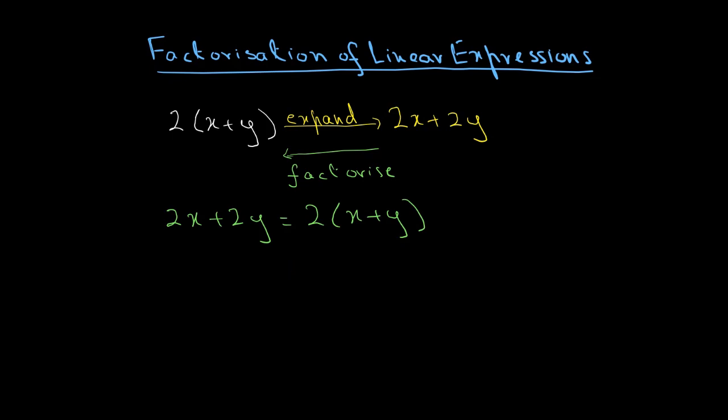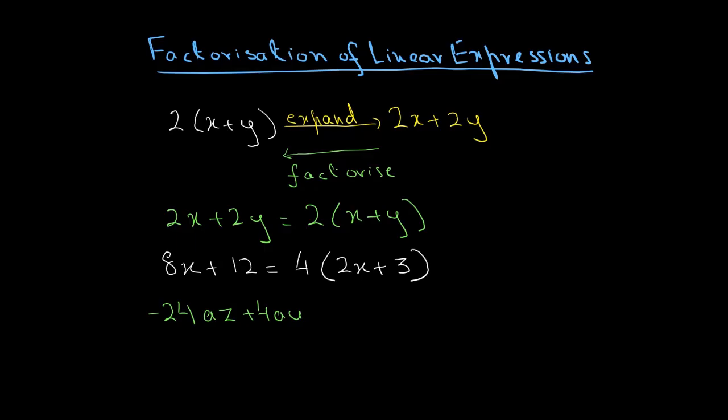So now let's think about an expression like 8x plus 12. Clearly, by using the distributive law, I can take 4 common. If I take 4 common, I'll be left with 2x plus 3. So that's called factorization. And if I have an expression like minus 24az plus 4ay, I can take 4a to be common.